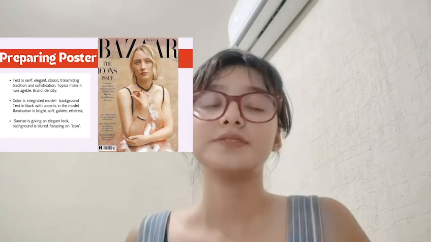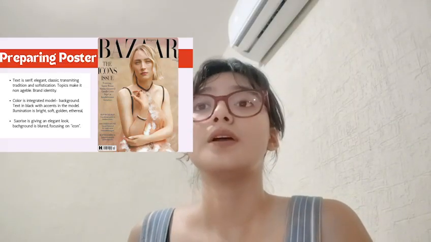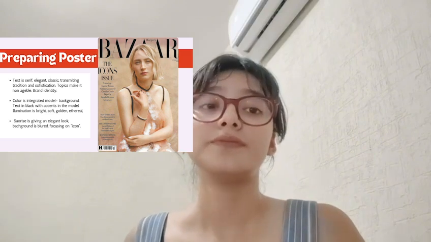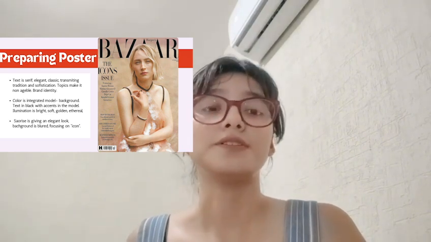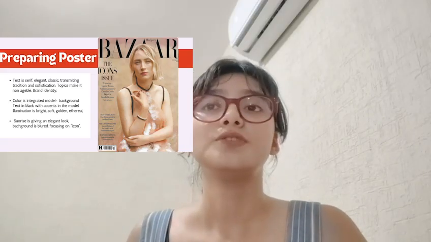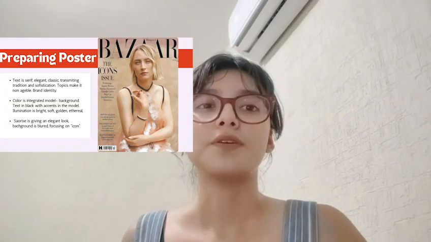The text shows sophistication and is classic, transmitting the brand through it, and it has a hierarchy to show the logo of the magazine and also the topics they are displaying. The color is really integrated. It shows brightness and luxury with the golden tones.